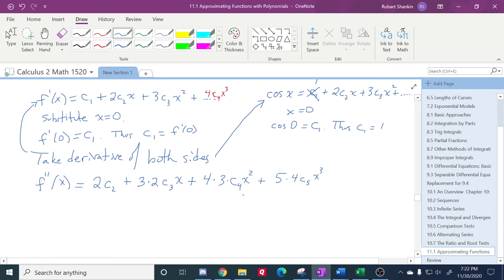And the power on the x keeps getting smaller, like this. And then we set x to 0 and f prime prime of 0, everything zeroes out, and we get 2 C2.